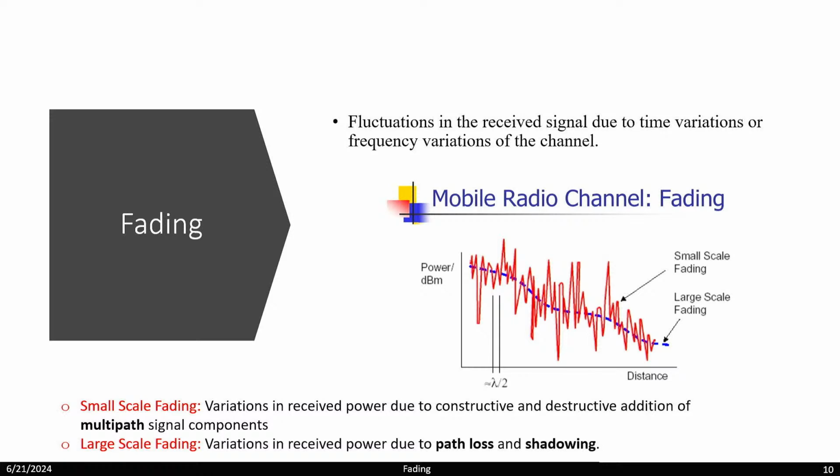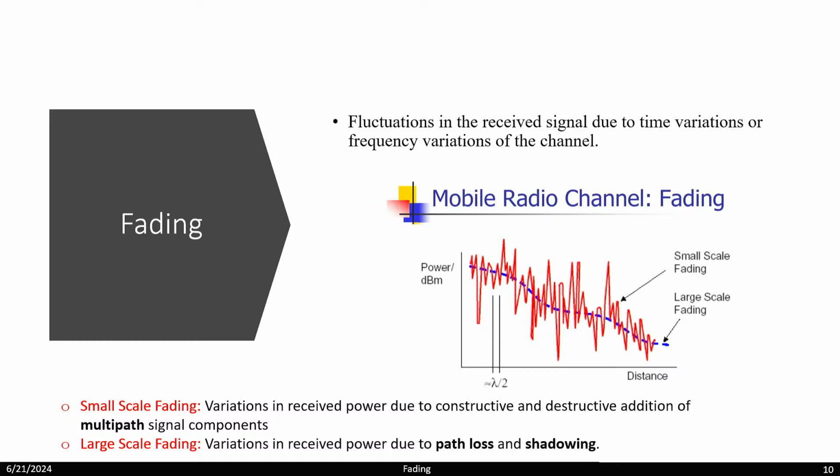This graph shows all about the fading. Let's say you want to transmit one signal 1 kilometer away. Let's say I am transmitting 1 watt of power. After 1 kilometer, the power at the receiver will be degraded.